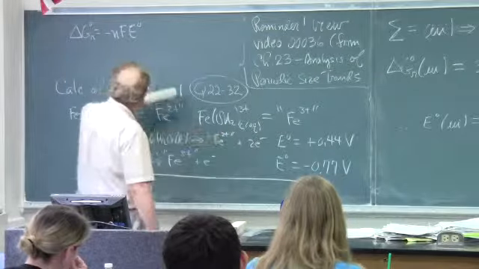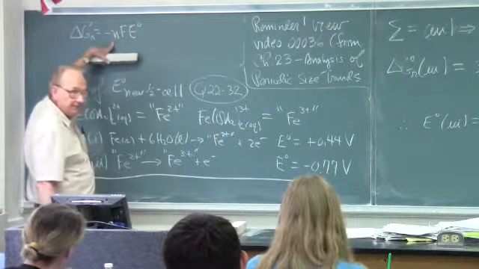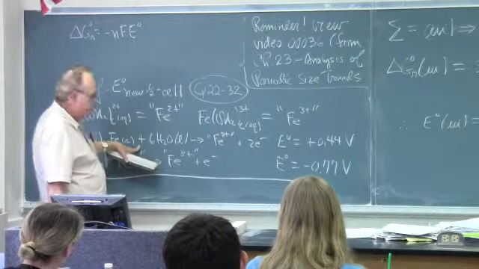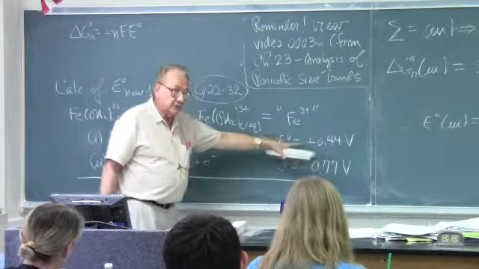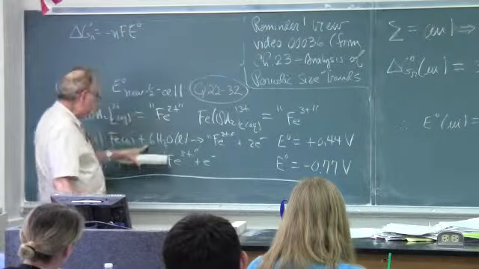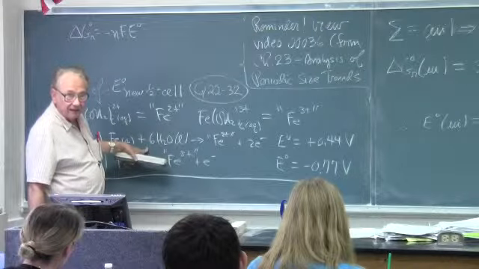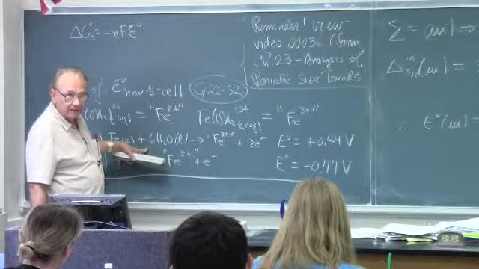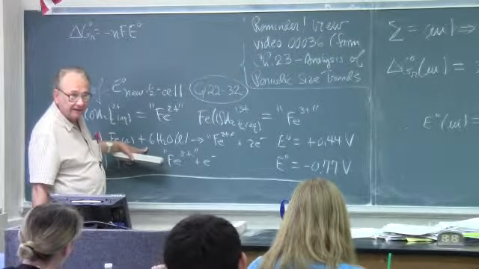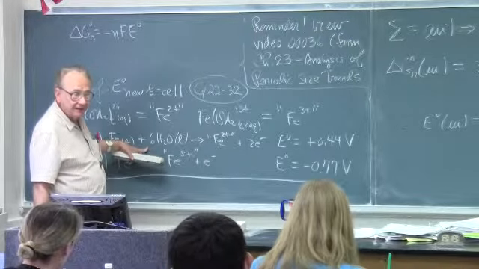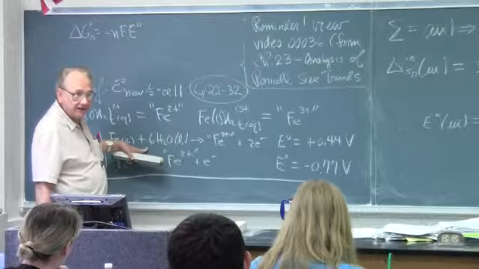Since you got E0 from this, you get the change in free energy for this reaction. Since the E0 value is plus, you know the change in free energy for this reaction is spon or non-spon? Plus or minus?